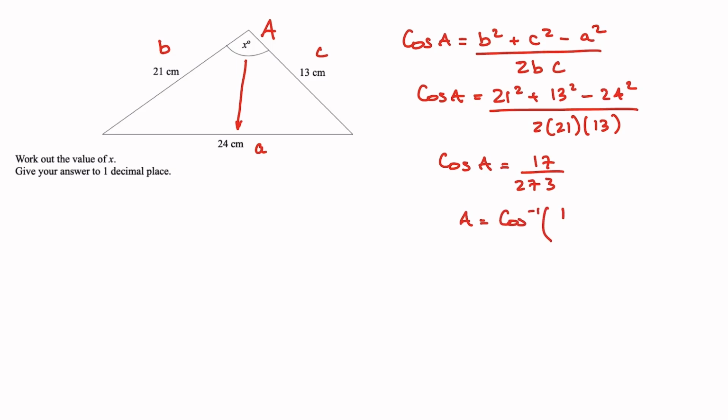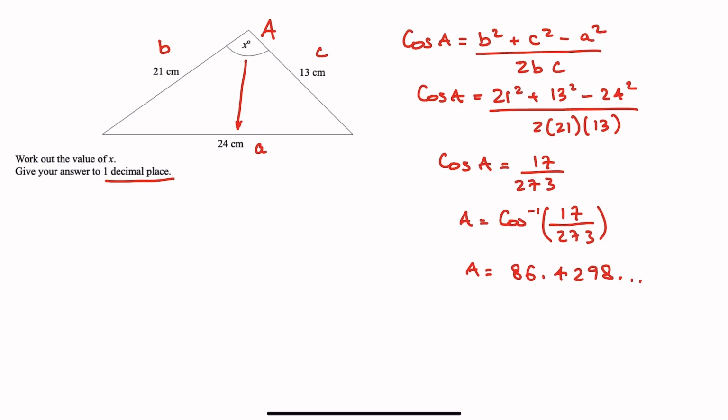So cos minus 1 of 17 over 273 gives me the value of A as 86.4298... The question is telling me to give the answer to one decimal place. So looking at the first three numbers and then at the number after the one decimal place, my answer will be 86.4, as 2 is below 5, and therefore we need to round down to one decimal place.